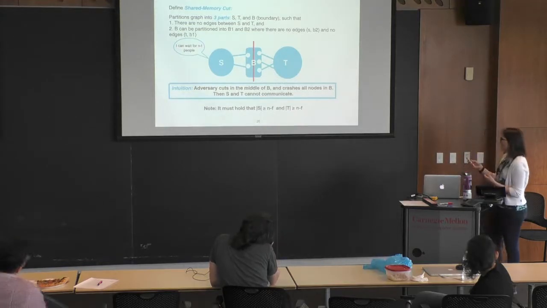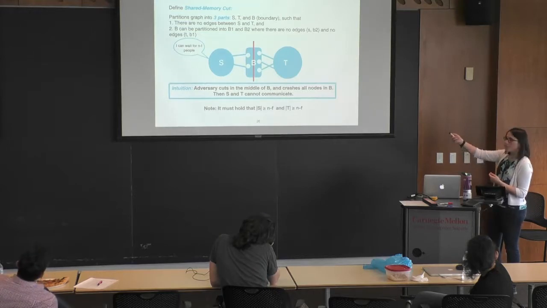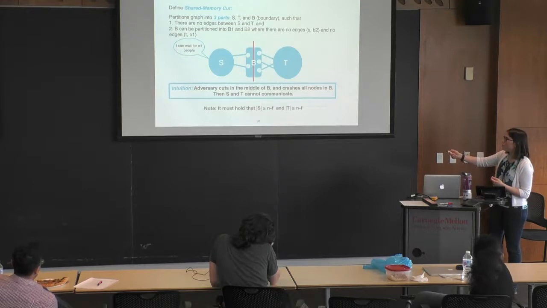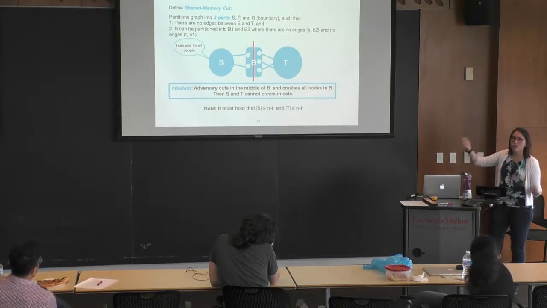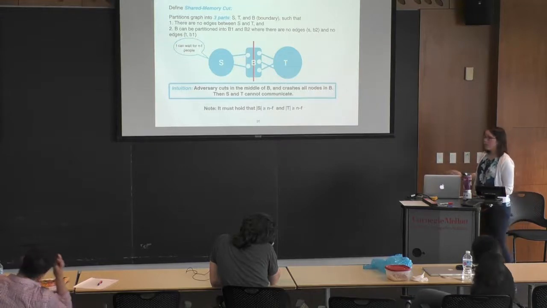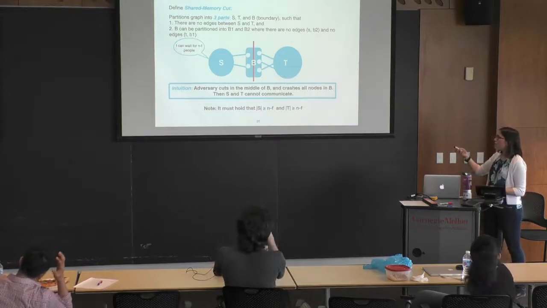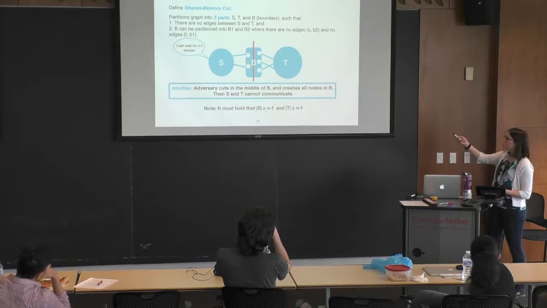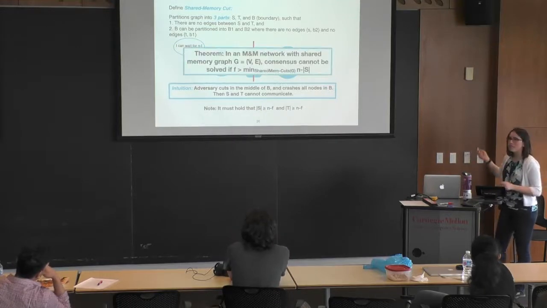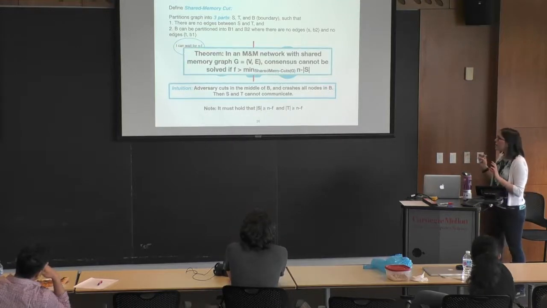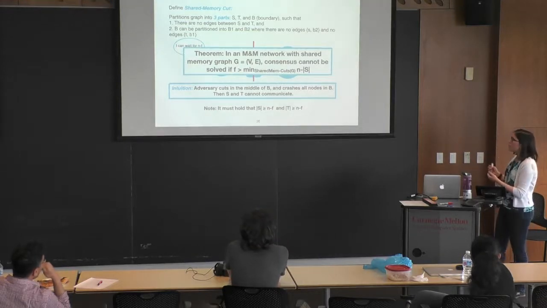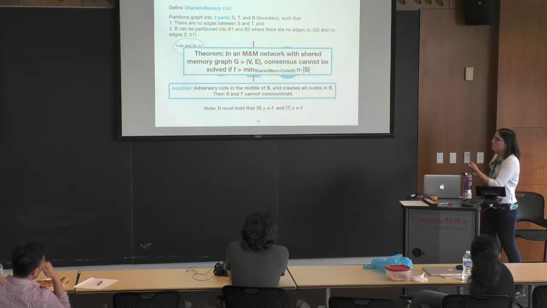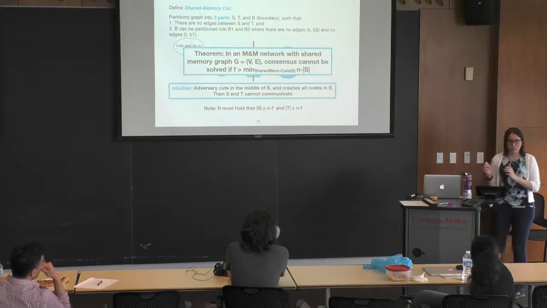Okay. So again, we're going to be waiting for at least n minus f people. So if one side is actually smaller than n minus f, then we will wait to hear from the other side, and the adversary will have to let that happen eventually. Right? So this argument only works if both sides are smaller than n minus f. And so we have this theorem that says, in an M&M network with shared memory graph G, you cannot tolerate more failures than exactly what this cut requires.